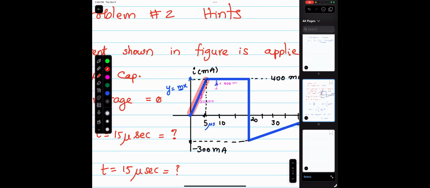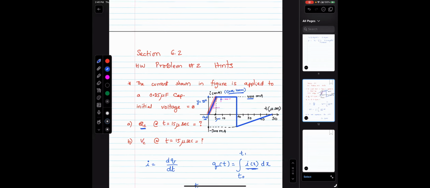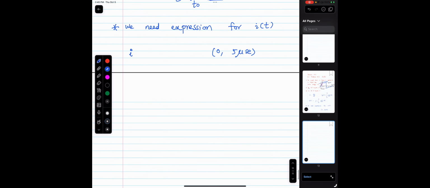Because there is this point 0, 0, and this point, 400 milli in 5 microseconds. 5 microseconds is the time, 400 milli is the current. Now you can find the slope of this straight line that goes through 0, 0 and the point 5 microseconds and 400 milliamperes. That comes out to be 80k.